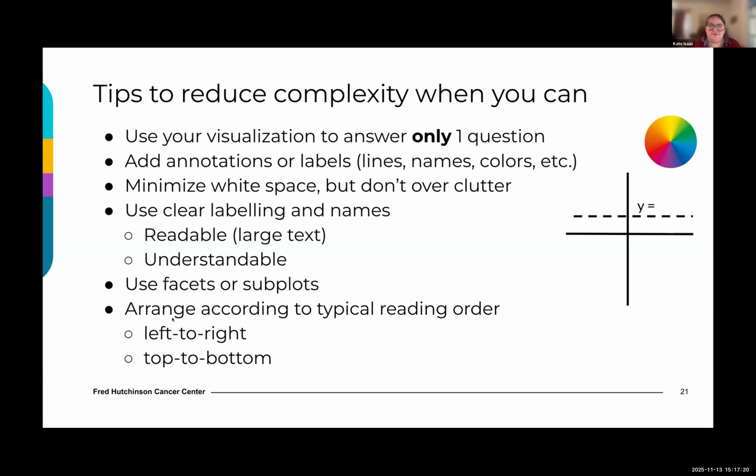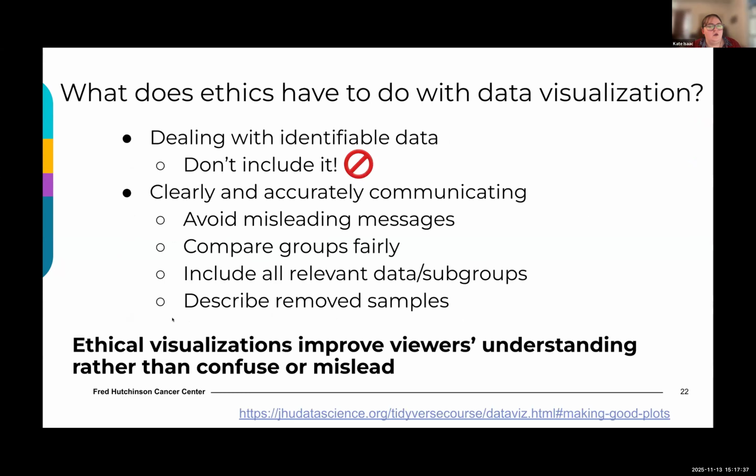We typically read left to right and top to bottom. So when someone is looking at your plot, that is how they're going to typically look at it. You want them to go through the plot starting left to right and top to bottom and not having to look somewhere else first to understand it.